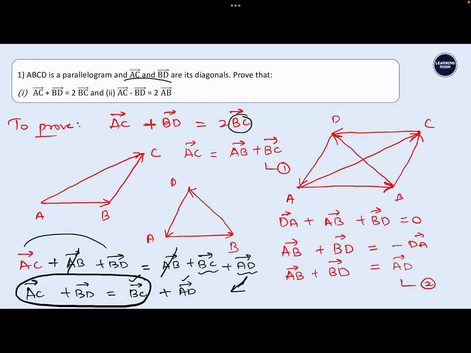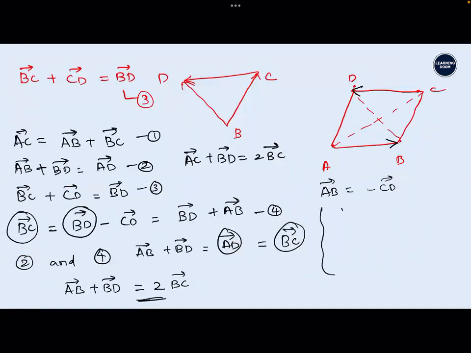The next part is AC vector minus BD vector is 2 times AB vector. How to prove this?